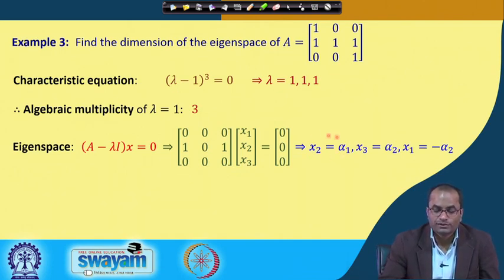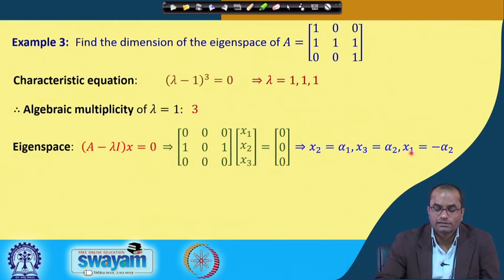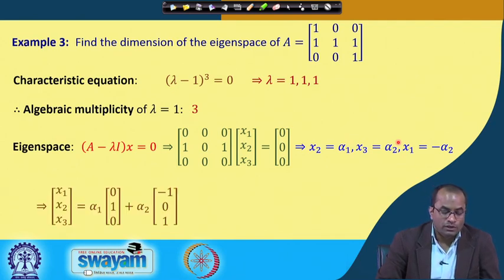So, here for x2 we assign alpha 1, for x3 we assign alpha 2, and from this equation, which says x1 plus x3 is equal to 0, x1 is equal to minus x3. So, we get x1 equal to minus alpha 2.